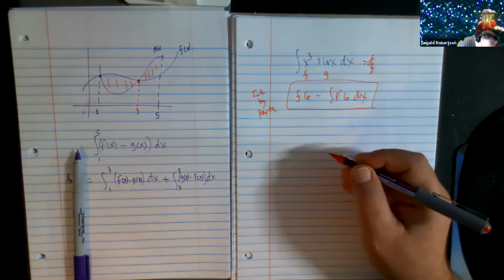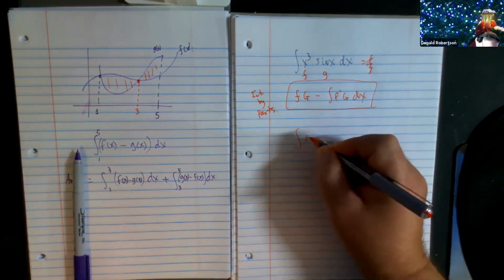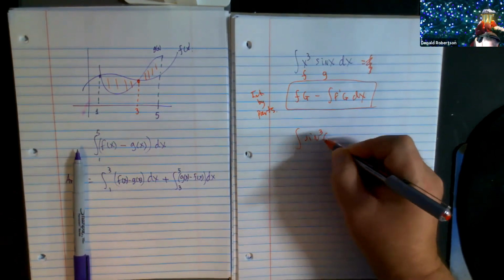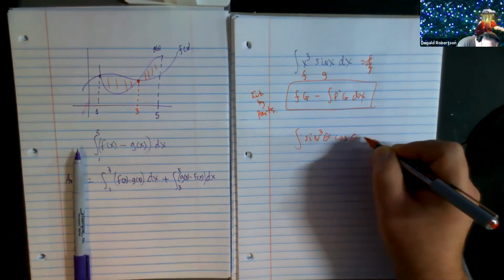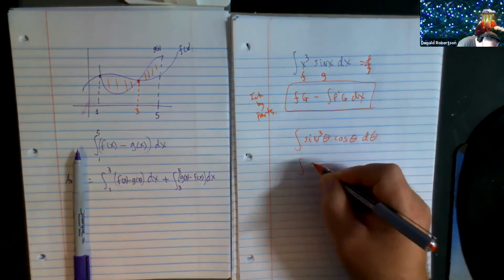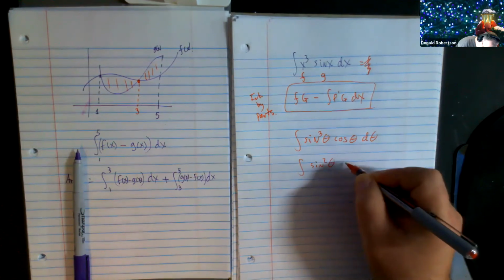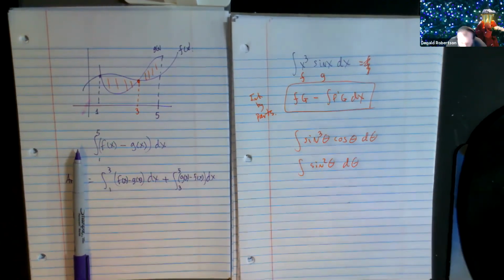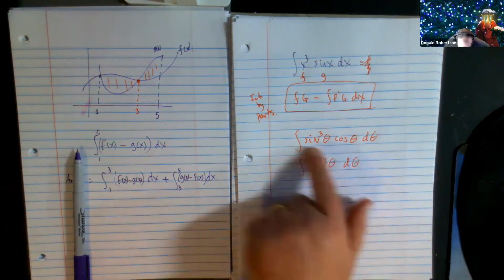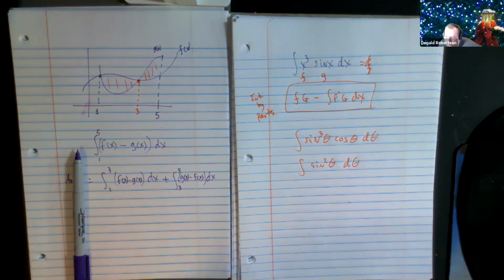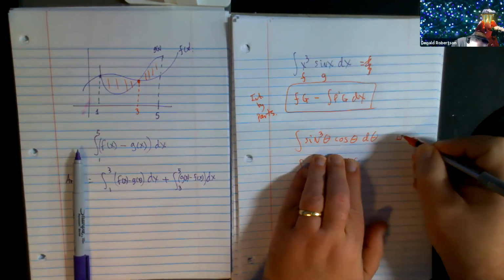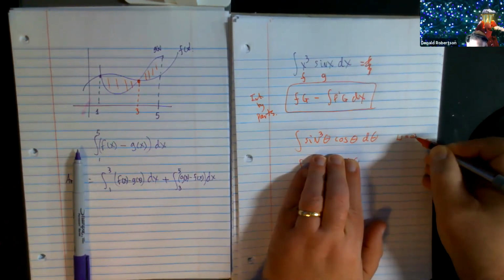Now, when we talk about trig, we talk about things like this. What would you do as your u sub, because these questions at least are u sub questions? Cosine. Well, for this one, you say cosine?